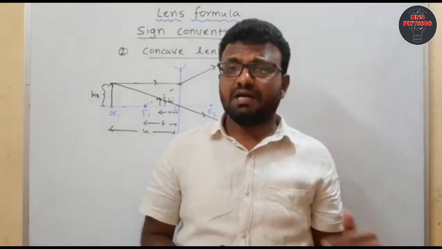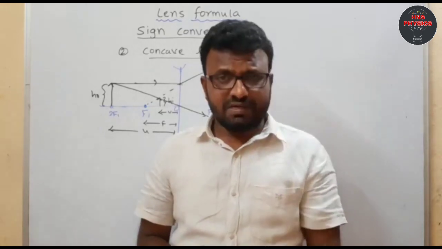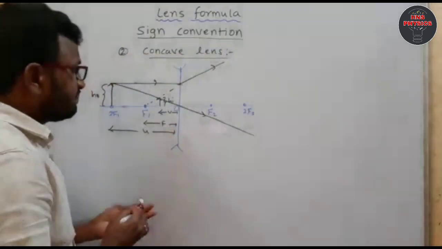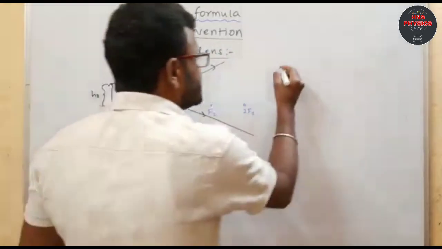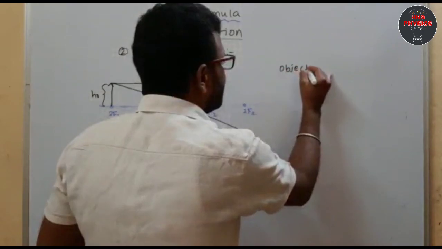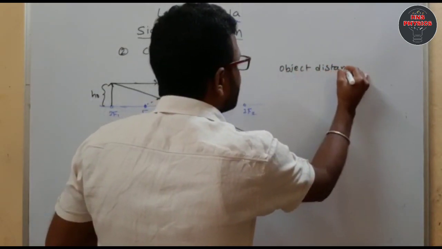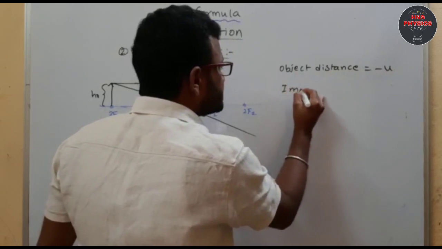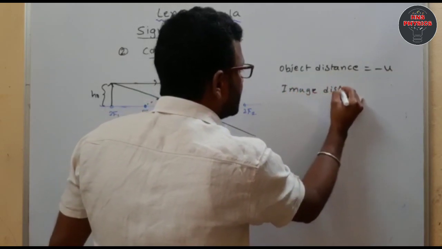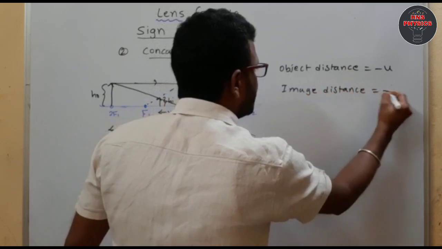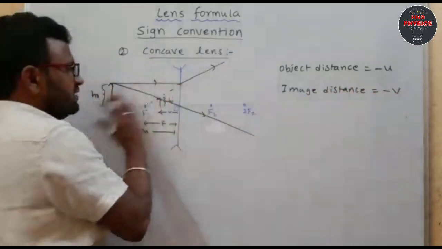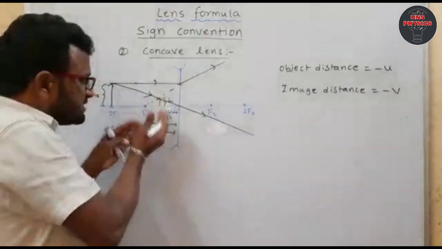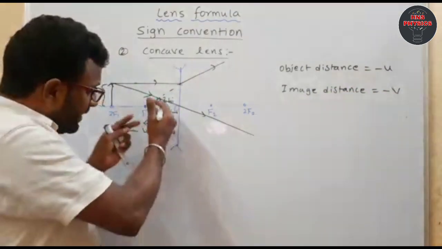But a convex lens gives virtual image and real image. Now, the sign convention: object distance is negative, and image distance is also negative, because we are measuring these values opposite to the incident ray, on the negative x-axis.